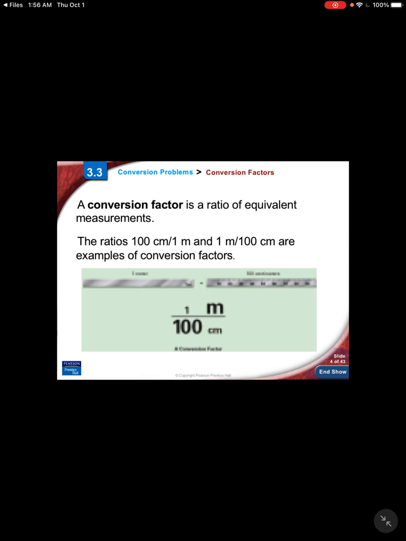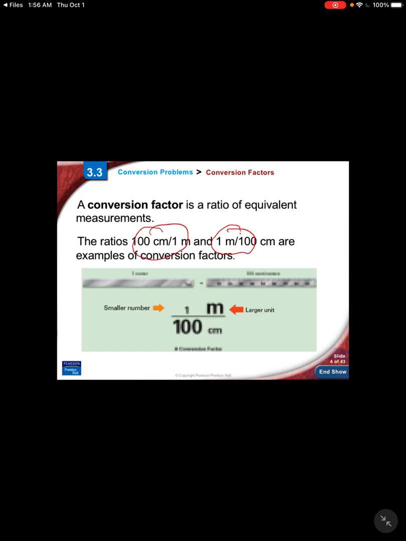So a classic example here is there's 100 centimeters in a meter, or there's 1 meter in 100 centimeters. In this case, we have a conversion factor, 100 centimeters per meter. And the smaller number, 1, is associated with the larger unit.